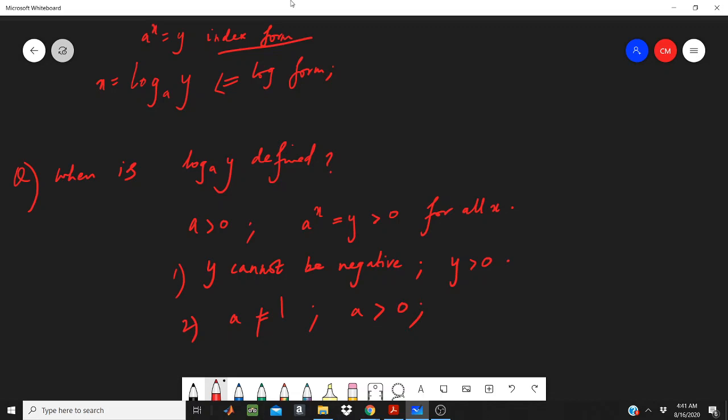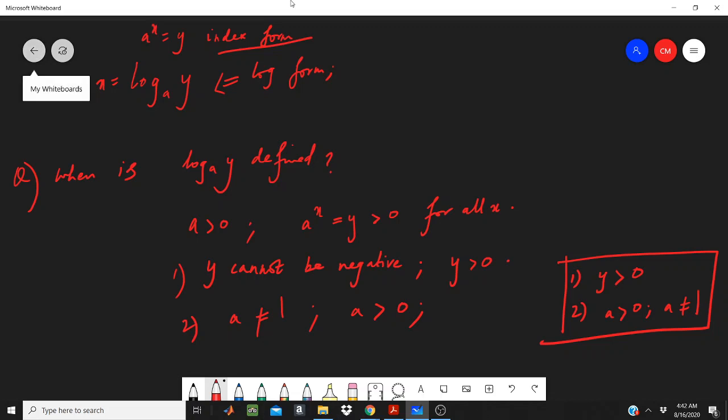So the two rules are these. You want log_a y to be defined: one, y greater than 0, and two, a greater than 0, a not equal to 1. You must commit this to your memory.